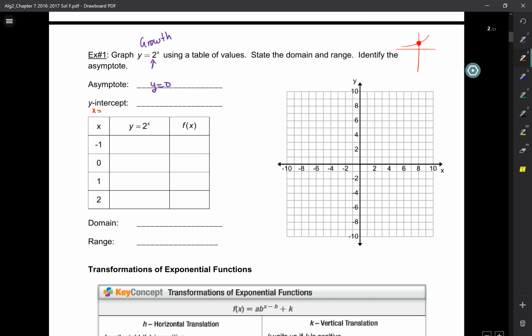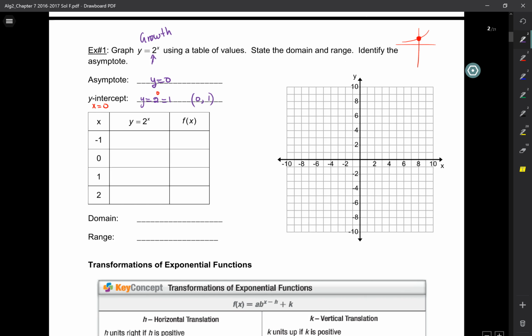So what we do is we say y is equal to 2 to the 0. And how much is that? 1. So the y-intercept is 0, 1. The asymptote is y equals 0. That's the default. I haven't told you yet when it's not going to be y equals 0.